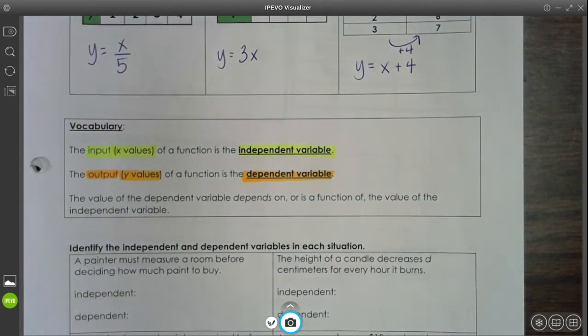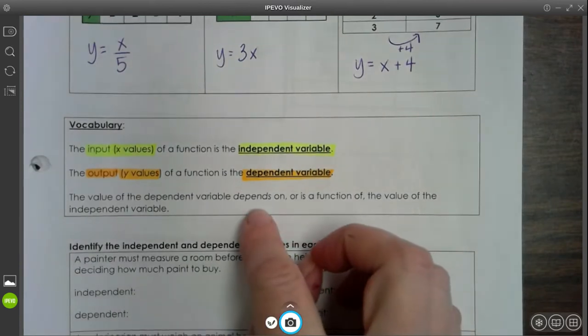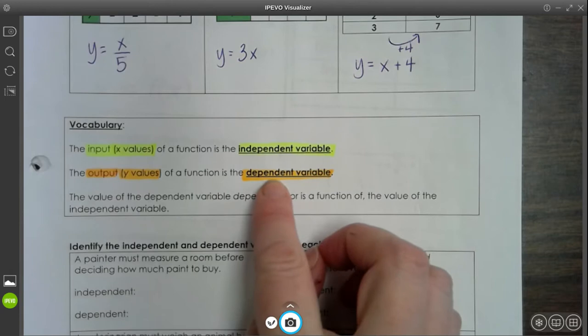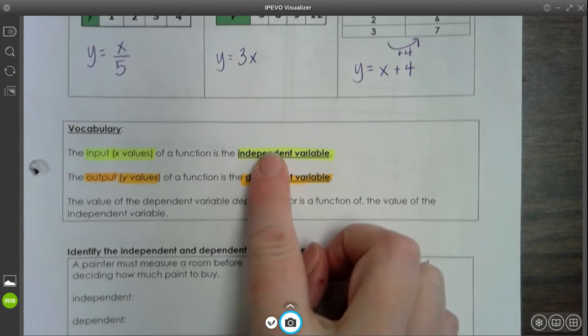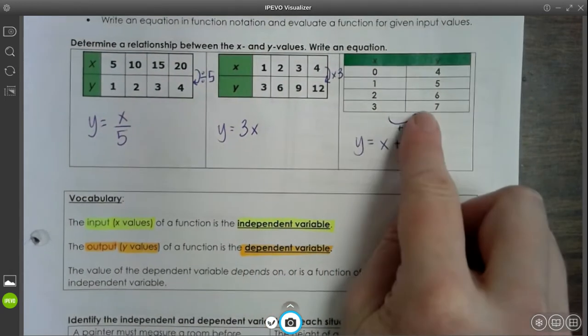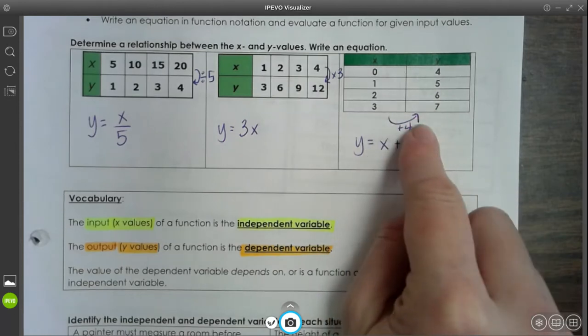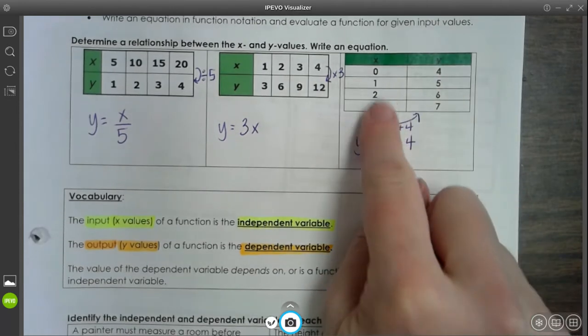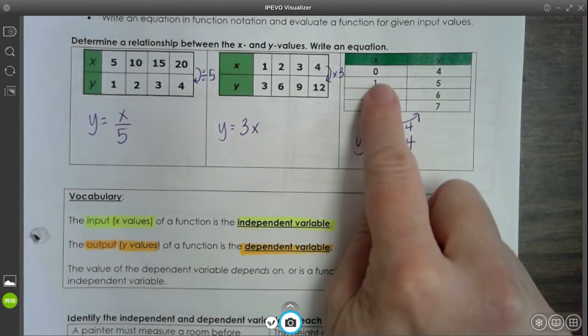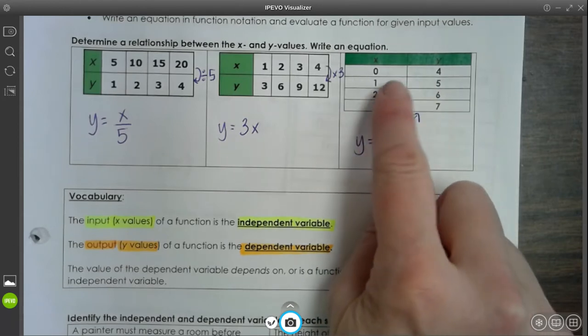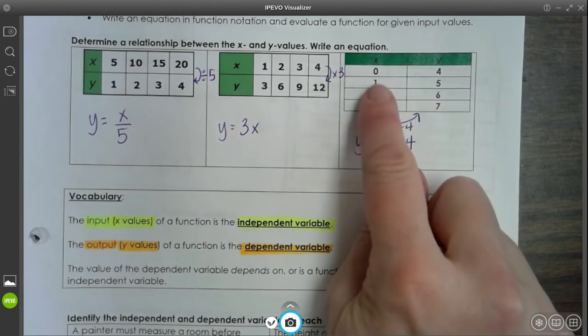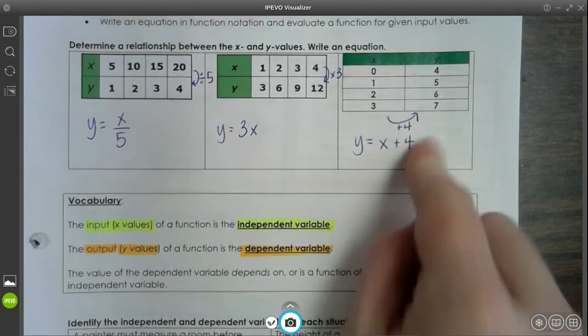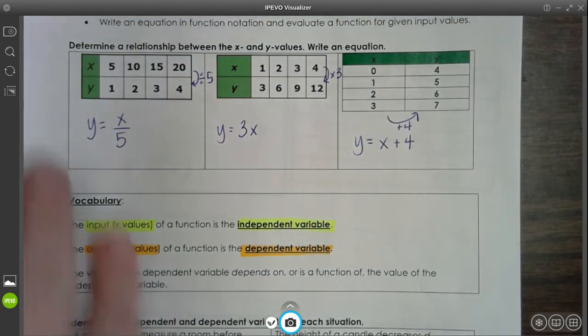So we call it the dependent variable because the value of the dependent variable depends on whatever the independent variable is, right? So here there's a relationship where we're adding 4. The y coordinates depend on what the x coordinates are. So if the x coordinate is 1, I know to add 4 to get the y. So this depends on whatever this one was. So that's why these are called the dependent variable.